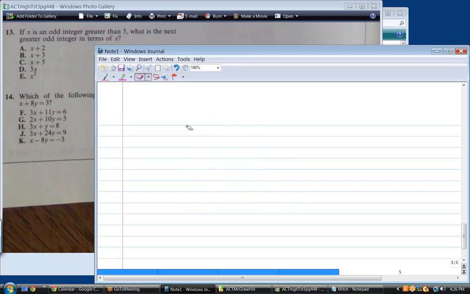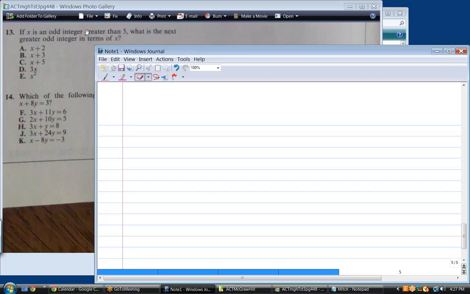If they're odd, what does it have to be? In other words, here we have x as some odd number greater than 5. What's the next number that's going to come up in terms of x? 7. That would be the smallest x could be, right?